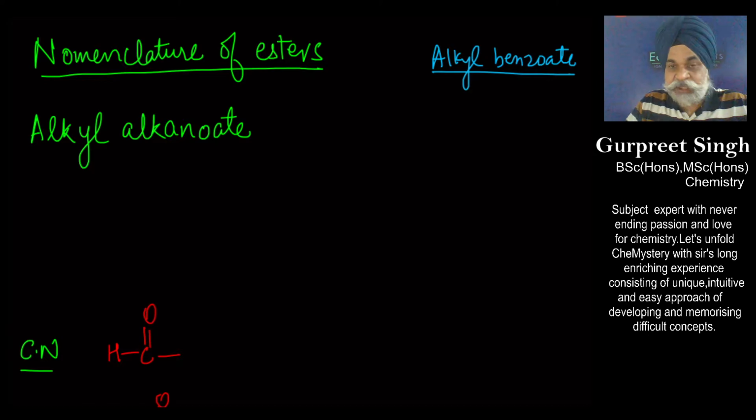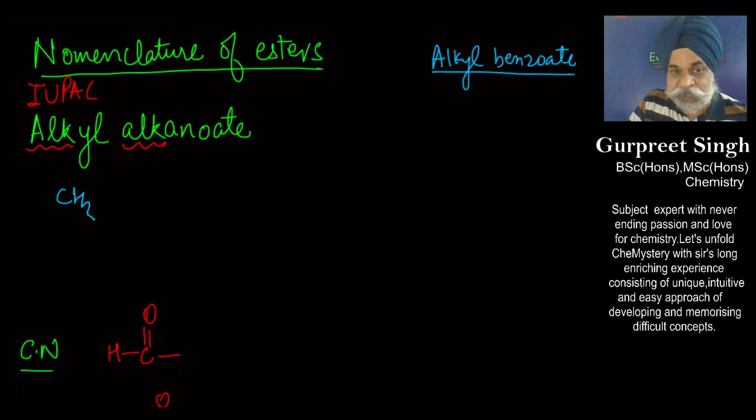So I have seen most of the time people are not clear with the nomenclature of esters first. If I talk of the nomenclature, alkyl esters are the class of compounds in whose IUPAC name alk is coming two times. One alk is here, another alk is here. So basically it is alkyl, then again alk. This alk represents the number of carbon atoms.